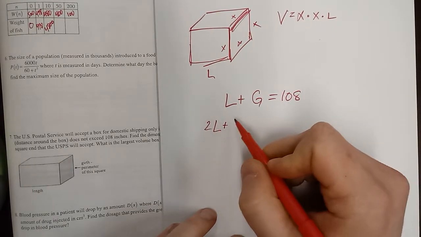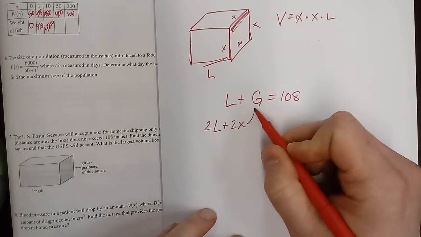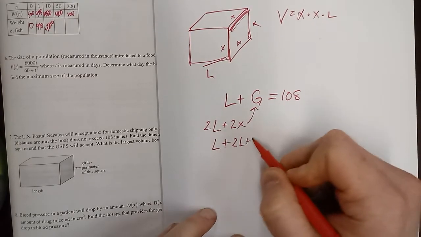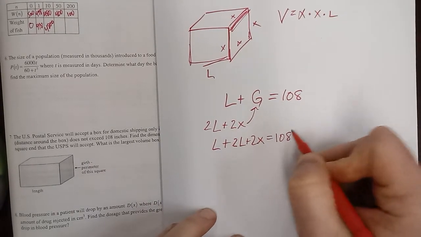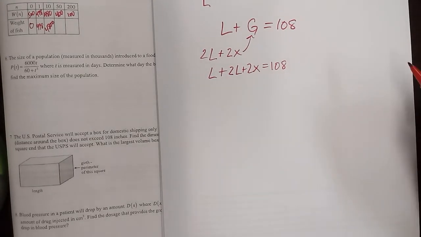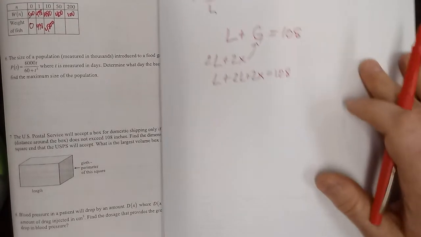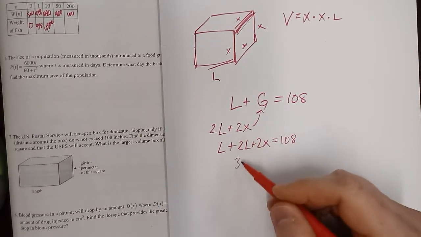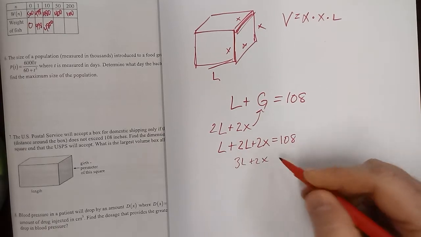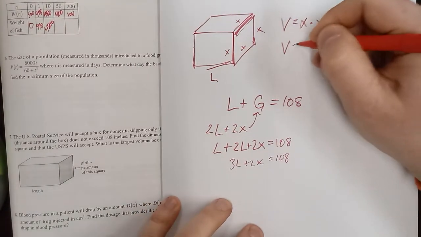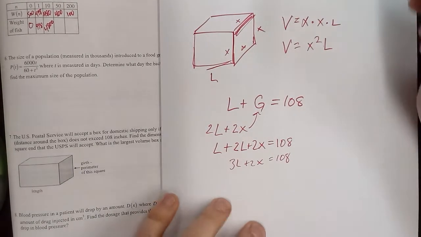So we'd say 2L plus 2X is what girth is. So we'd say L plus 2L plus 2X is equal to 108. So if I do some simplification here, this is 3L plus 2X is equal to 108. And if we remember our previous equation, our volume is equal to X squared L.